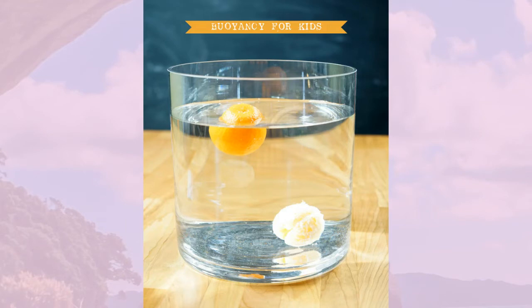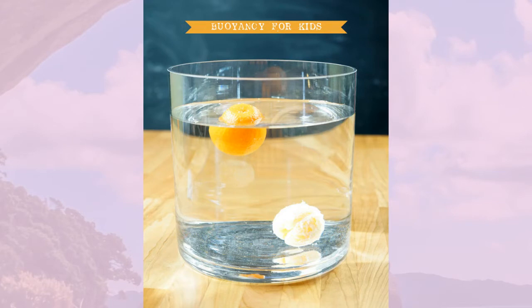We see that the orange that is floating actually still has the peel on it. So that might have to do with why it's floating and not sinking. We just talked about how air plays a part in whether something is going to sink or float. And oranges actually have some air trapped inside of the peel that allows them to float.